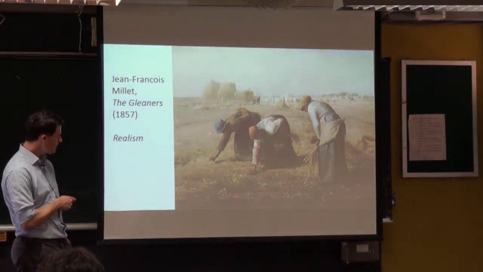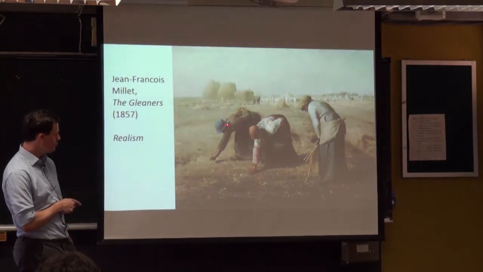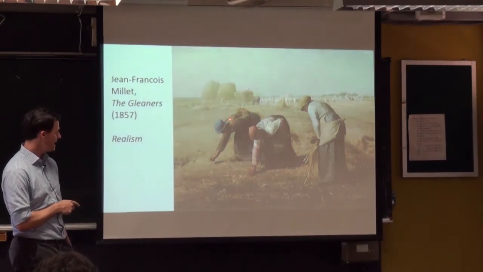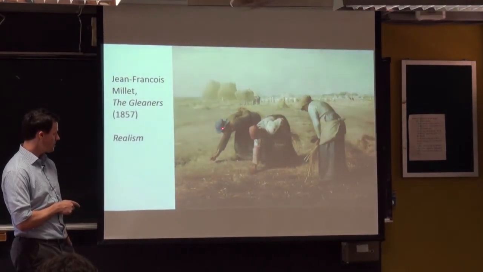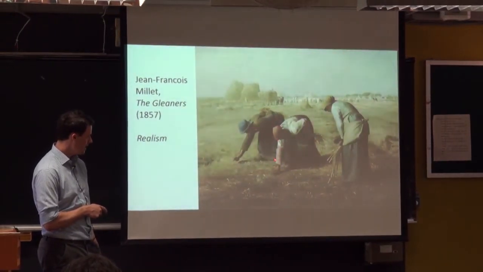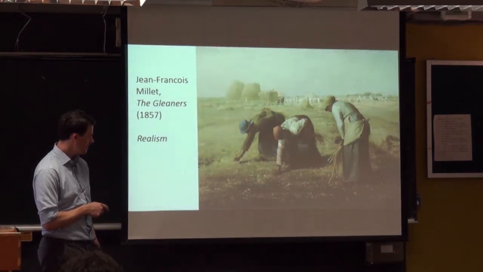But there are a couple of spots of color. The bright blue of this bandana that the person is wearing, and the red and pink of this person's dress. The bandana and the sleeve.